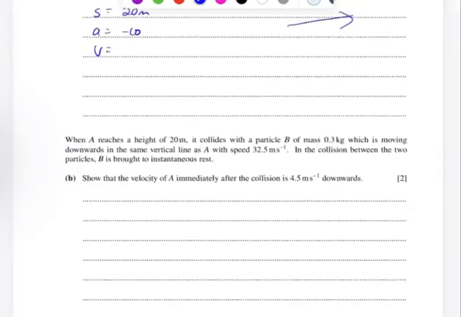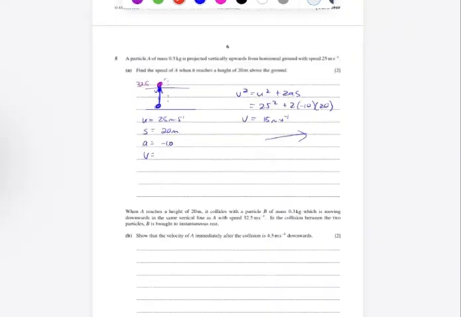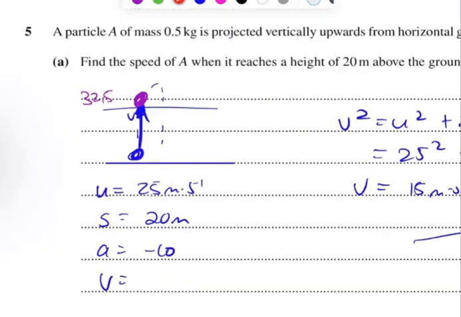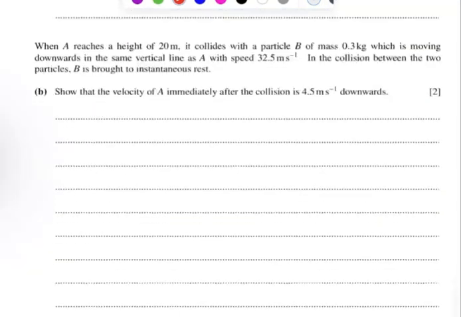Whenever you're doing momentum, you have to decide whether up or down is positive. So I'm just going to say down is positive, because they wanted us to show that it's 4.5 downwards. My momentum is conserved.